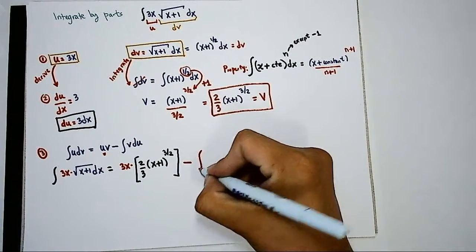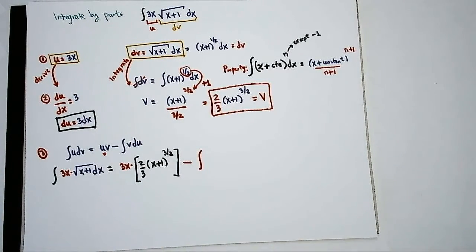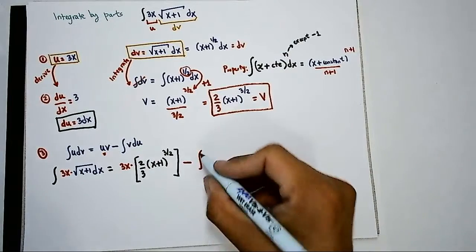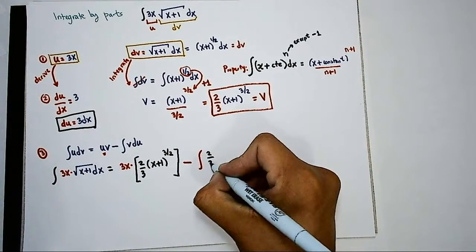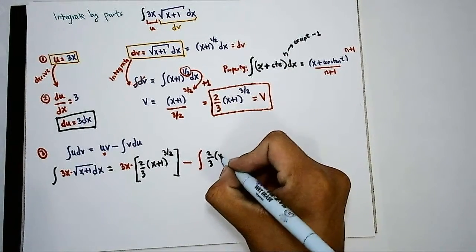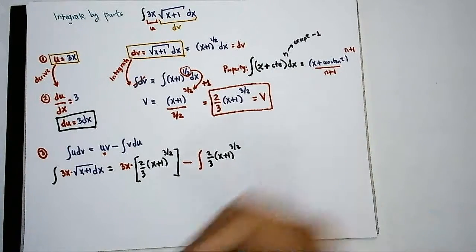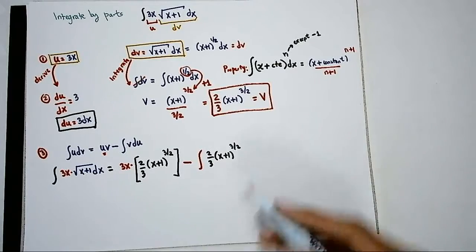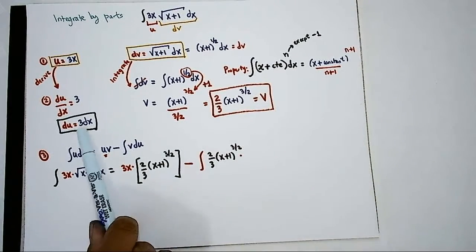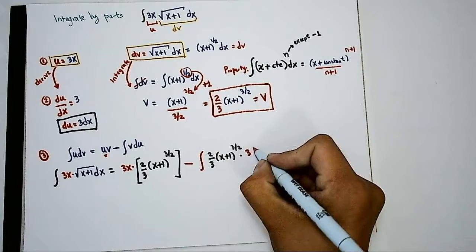Minus the integration of v, which was again 2/3 x plus 1 to the 3/2, times du, which is 3 dx.